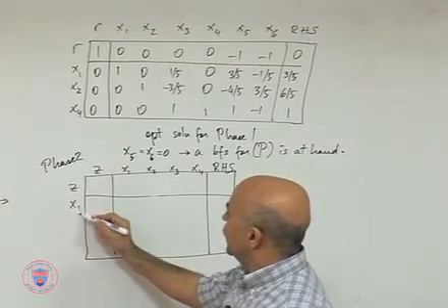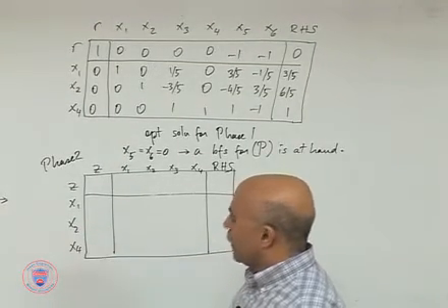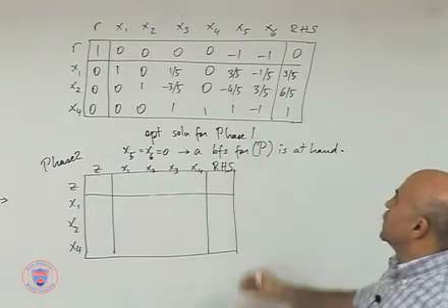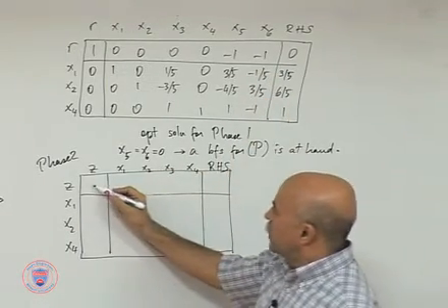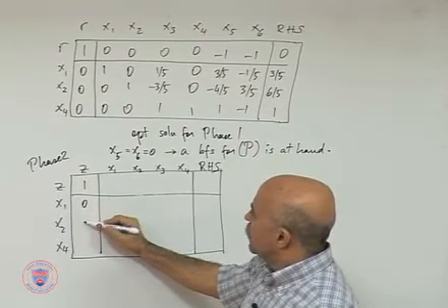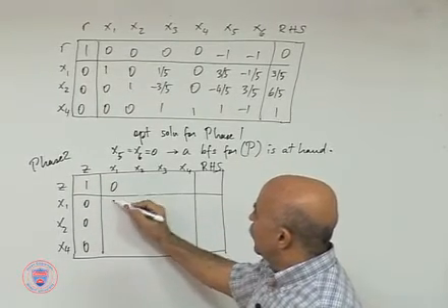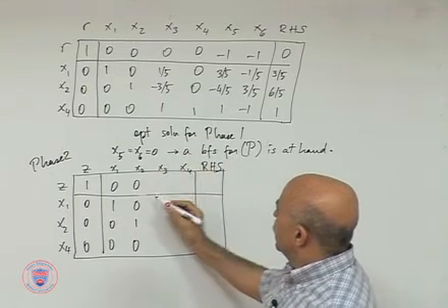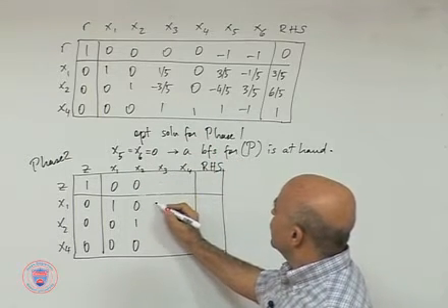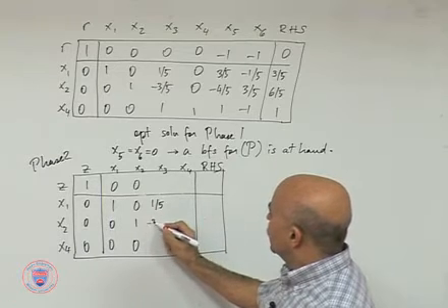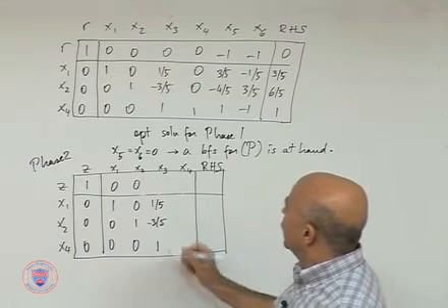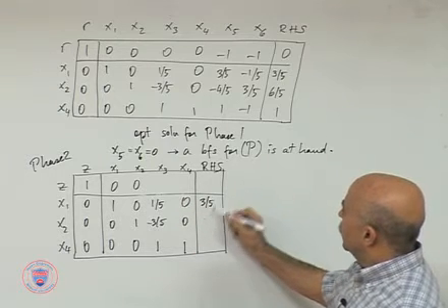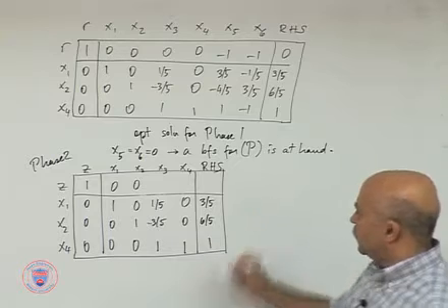And we have the variables x1, x2, x4. My set of equations with x5, x6 columns dropped are simply 1, 0, 0, 0, 0, 1, 0, 0, 0, 0, 1, 0. Let's just write down 1/5, minus 3/5, and 1 and 0, 0, 1 with 3/5, 6/5, and 1 on the right-hand side column.